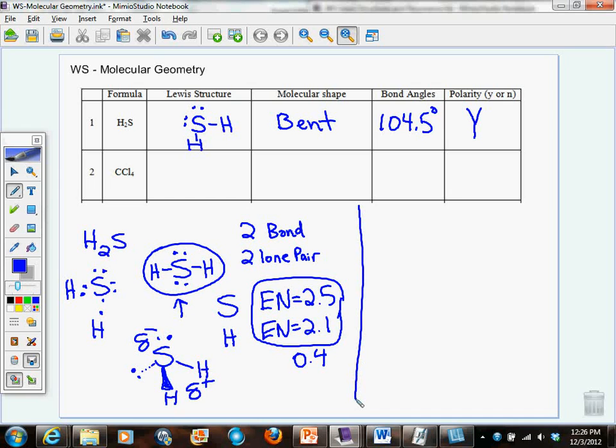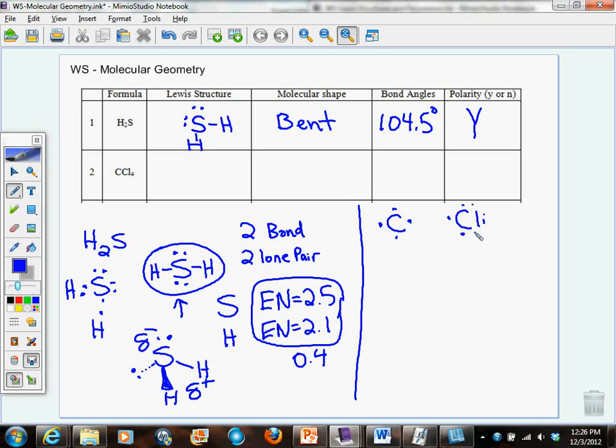And the next one, we're going to look at carbon tetrachloride. In carbon tetrachloride, remember the carbon has 4 bonding sites, that has 4 electrons, and each of the chlorines has 7 electrons around it.